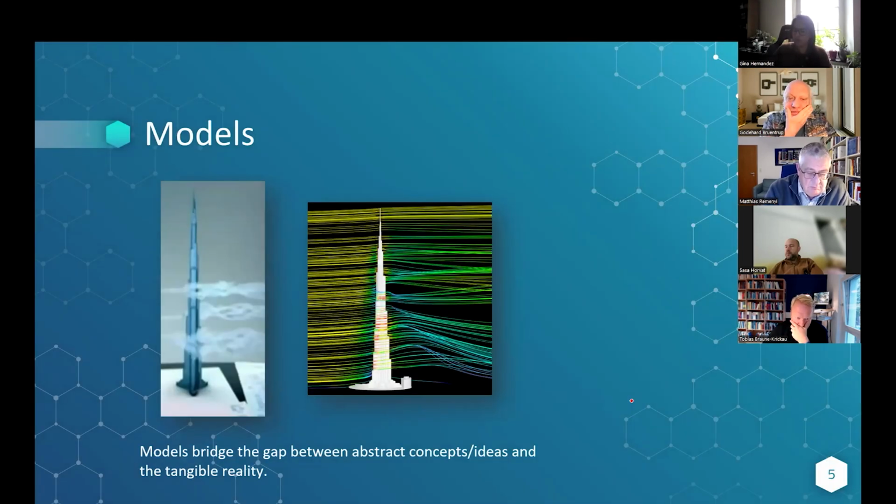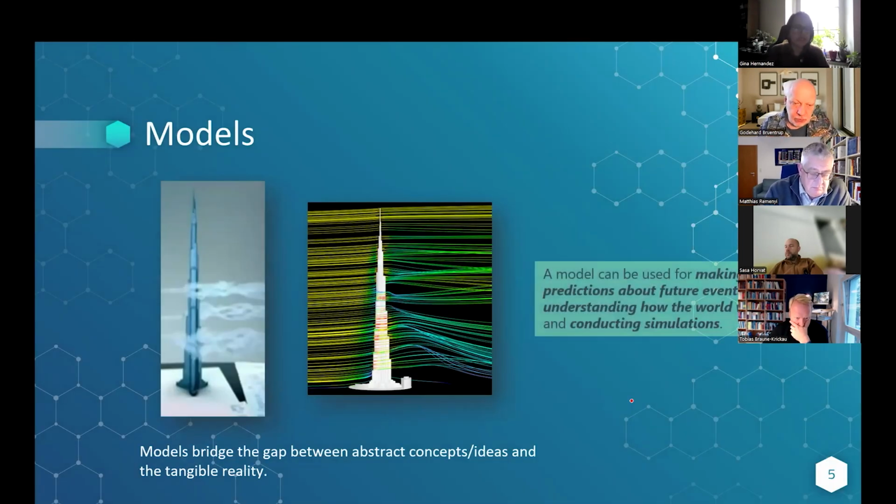Okay, so statistical models are really, really important. We can use a model in many different disciplines in order to make predictions about future events, to understand how the world works, or to conduct simulation.